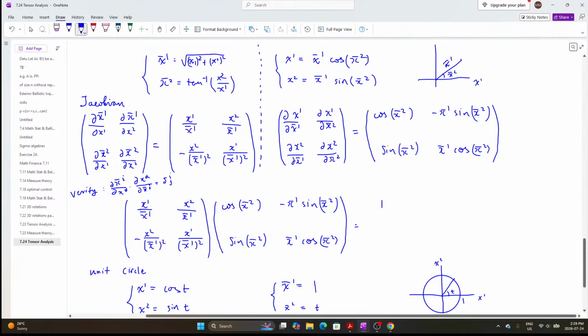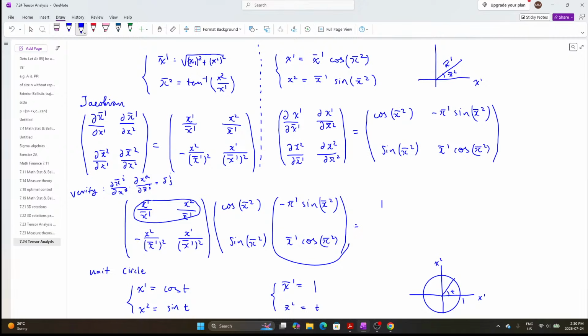And the second element, you do this, right? The second element would be x1 minus x1 sine of x bar 2 plus x2, well, x1 cancels.